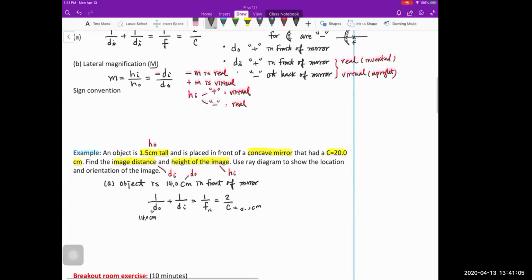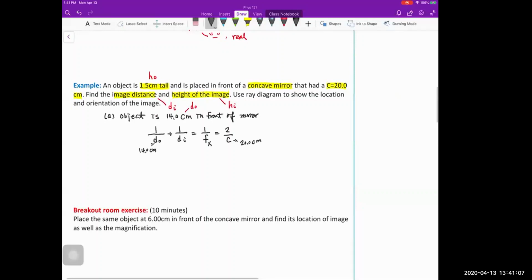So let's just move on to the top, and let's solve this one over here. So you got 1 over 14 plus 1 over DI equal to 2 over 20. So your 1 over DI is equal to 2 over 20 minus 1 over 14.